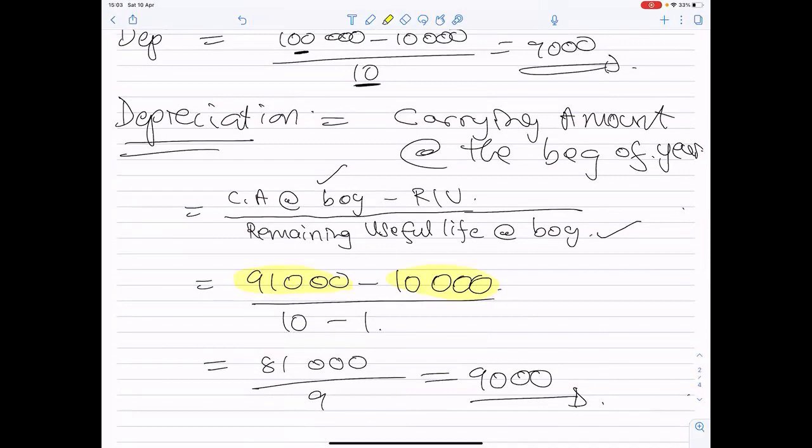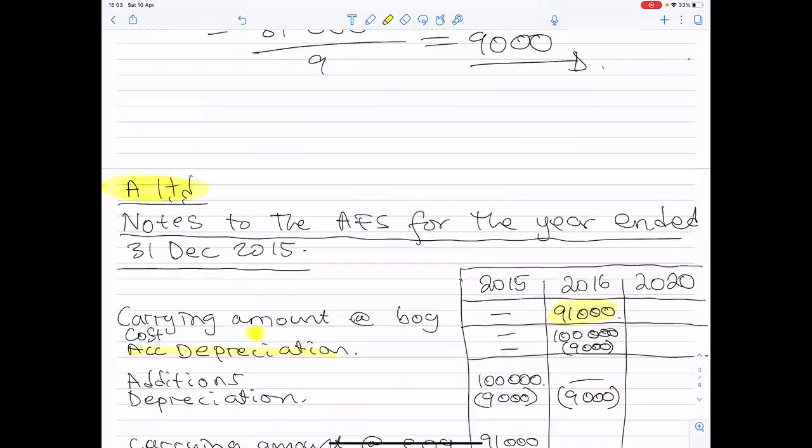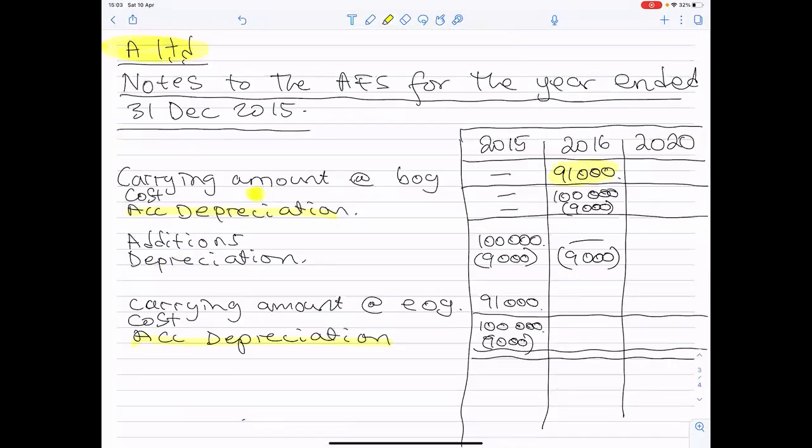So that's how you calculate your depreciation. In this case, I have got a depreciation of 9,000. At the end of the year, the cost of the asset is still 100,000. Now my accumulated depreciation, Mr. Damien, I said it is the amount at the beginning, you add the amount during. So our accumulated depreciation at the end of the year is going to be 9,000 plus 9,000, which gives us 18,000.